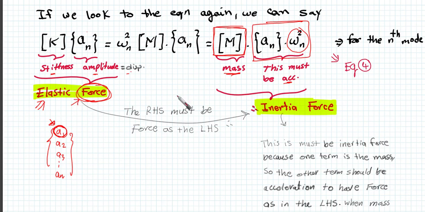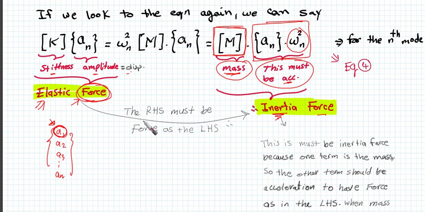Okay. And whenever we have in our system mass multiplied by acceleration, commonly we call this inertia force. Okay, inertia force. And this is logical actually. If you go back to the single degree of freedom system, we're going to see that in cases where we do not have damping, for example, in order to maintain the system in equilibrium, we need the elastic forces to equal the inertia forces, right?